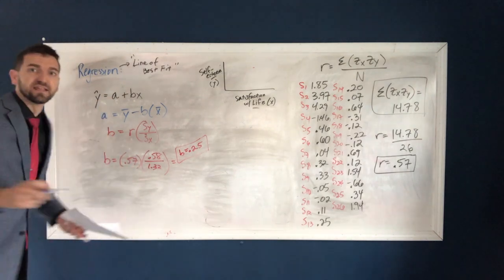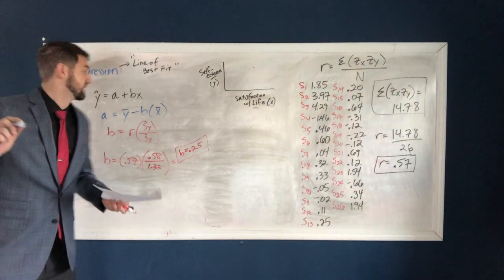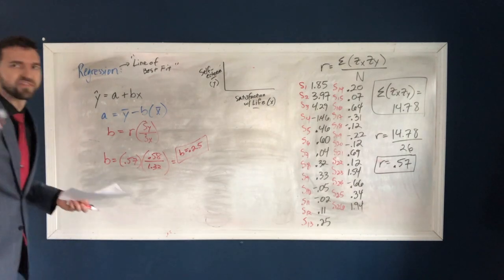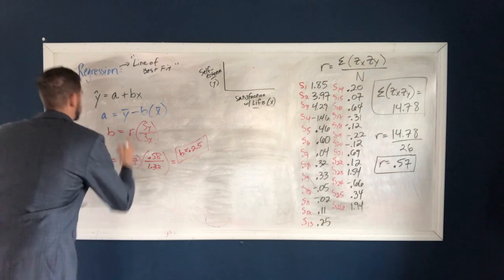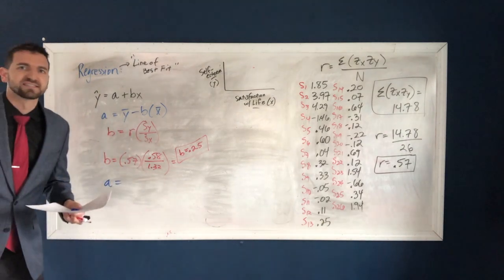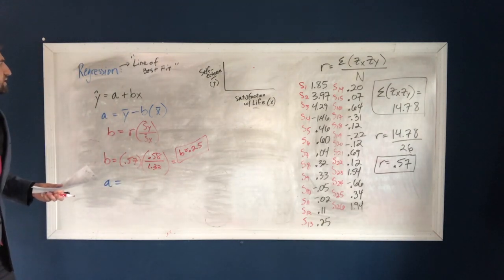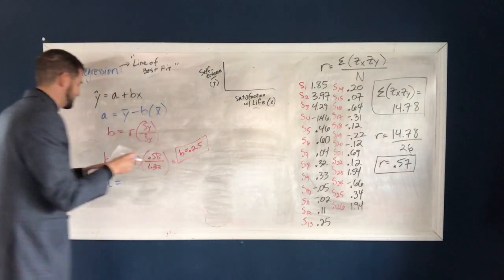Now that we have B, we can solve for A. So A equals the mean for self-esteem.